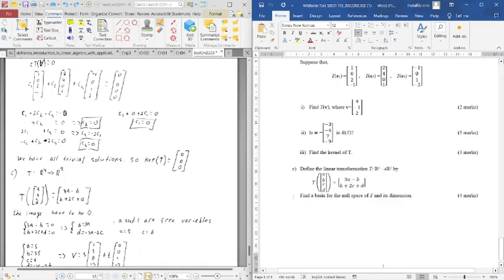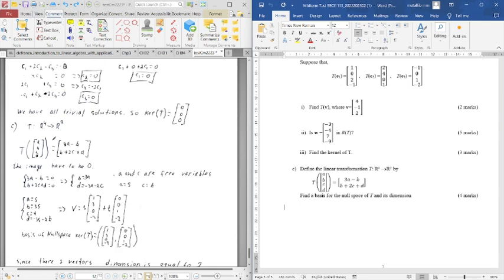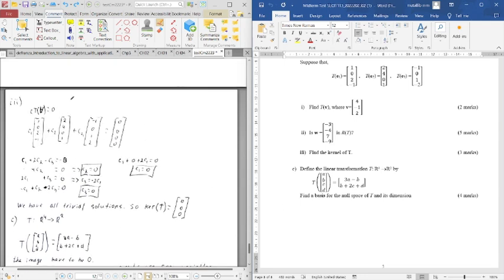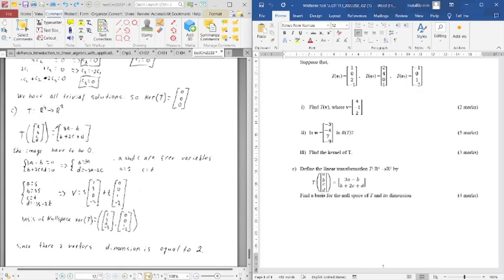Now we find a basis of the null space of T and its dimension. As we said, the null space is the kernel, so we just take the given image, make it equal to 0 and calculate.